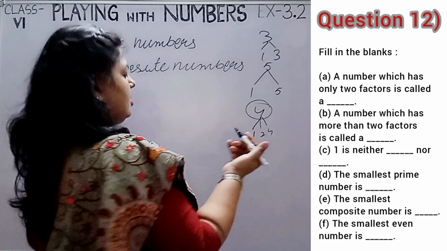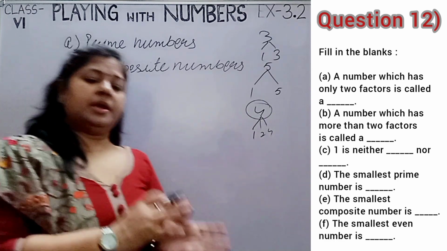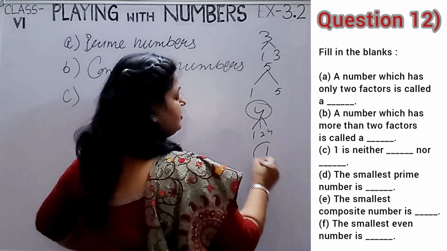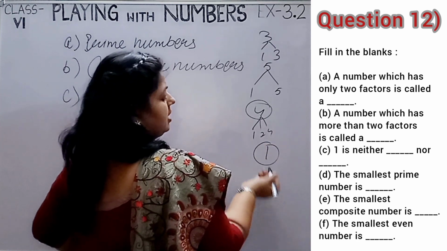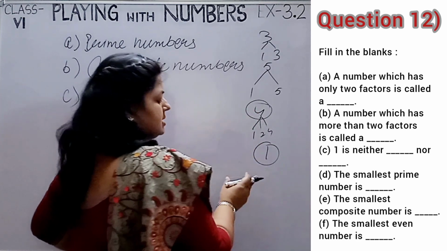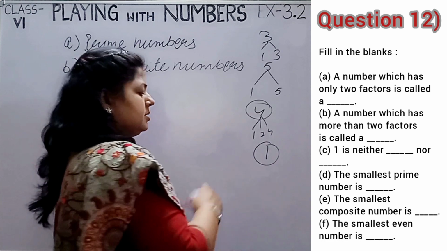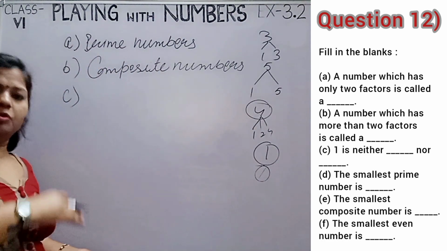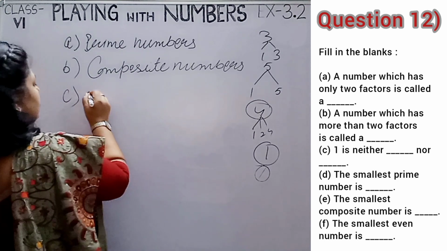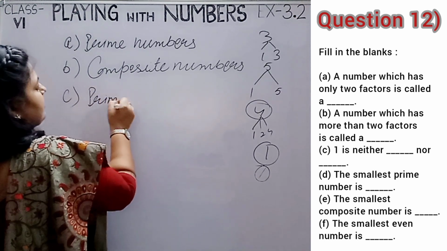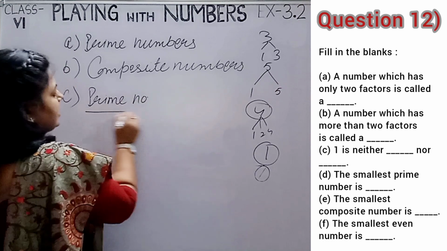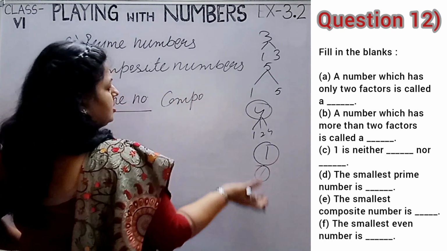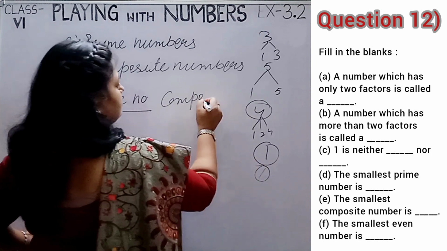Yes, of course, all numbers are prime or composite, but there is one left which has only one factor. There is one which has less than 2 factors, that is 1 only. So 1 is neither prime nor composite.